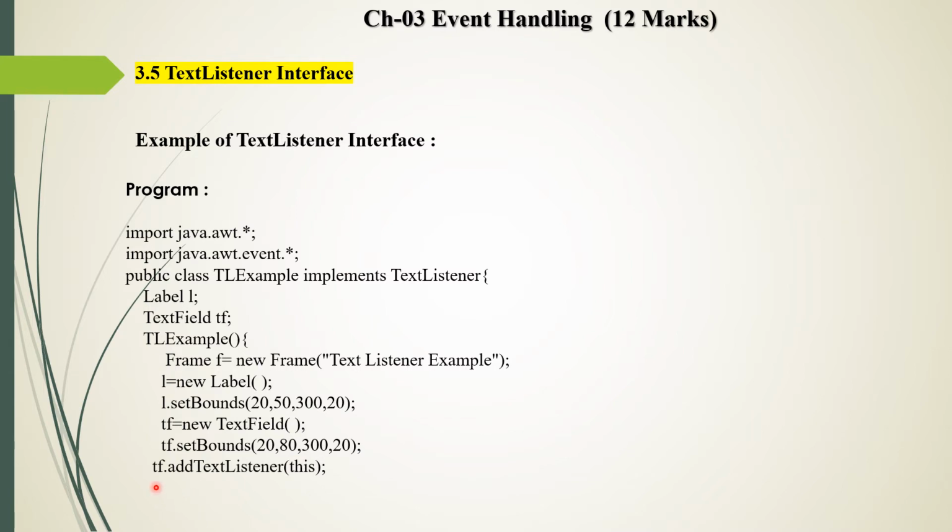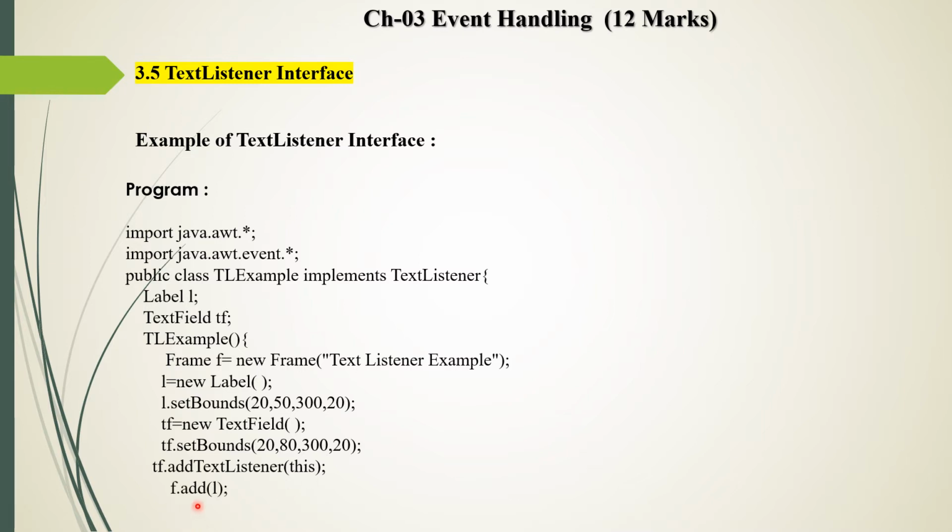Then we register our text field with the listener. The code for this: TF is the object of TextField, and we add the listener with addTextListener. Write the name of the listener, TextListener, and in brackets we pass this.